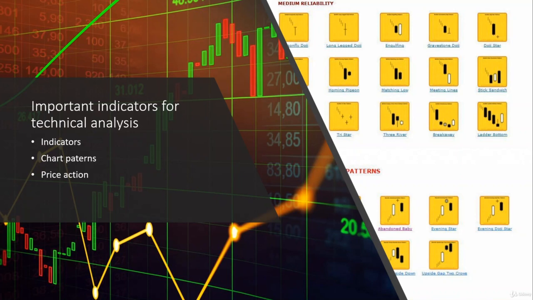The first one will be technical indicators. A technical indicator is simply a mathematical calculation that is presented directly on the chart. You have different types of indicators, and we'll talk about them in the next class.